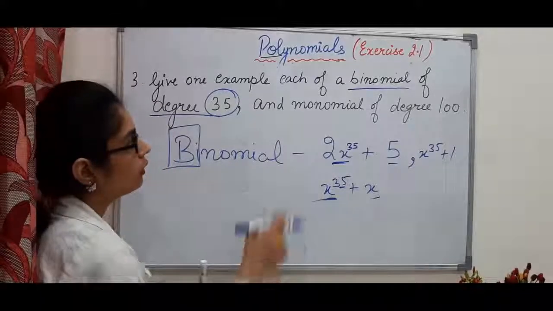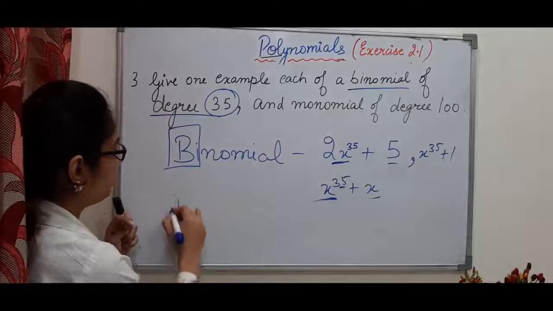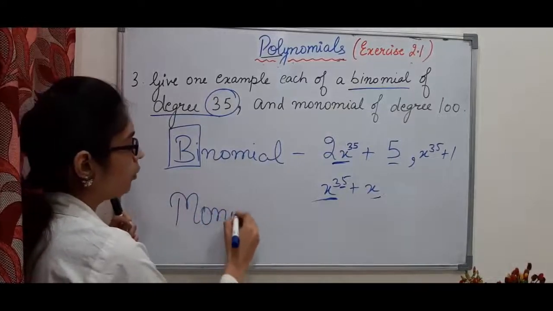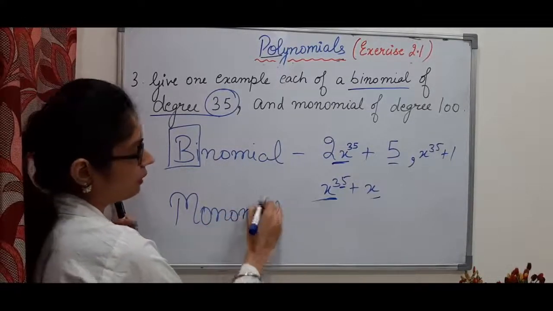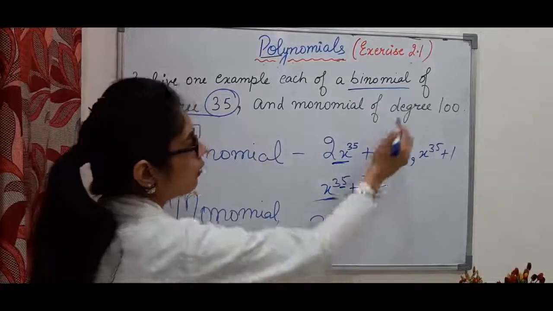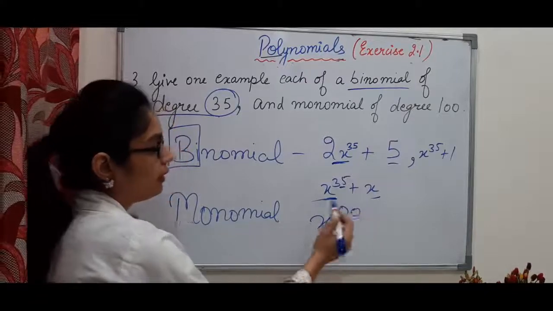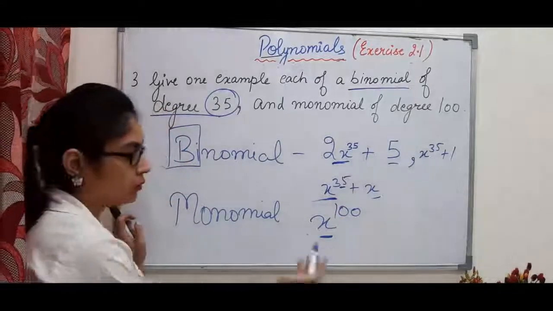This was the first one, and second is a monomial. Monomial means only a single expression. If you want to write an easy term, just write x with degree 100. Only a single term is required, and the degree you can mention as 100. So this is very simple.